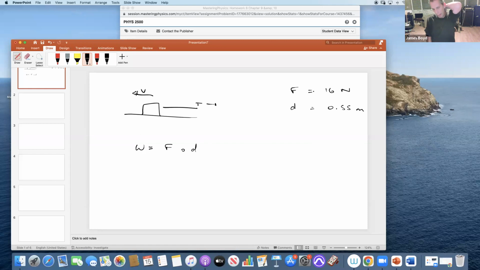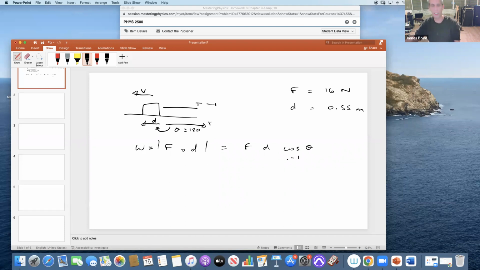Now, they're not asking for a negative sign in this, so you can just take the absolute value, but what we would see is that D is this way and T is this way. Therefore, the angle between these is actually 180 degrees, which means this is FD cosine of the angle, and this would actually be -1.